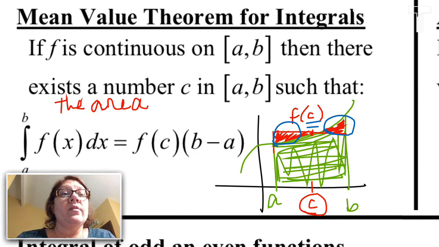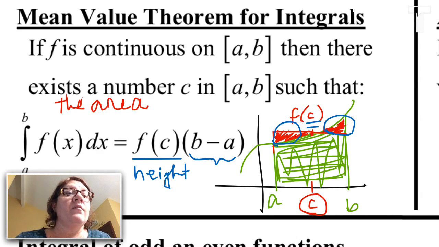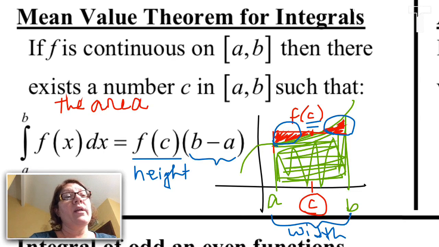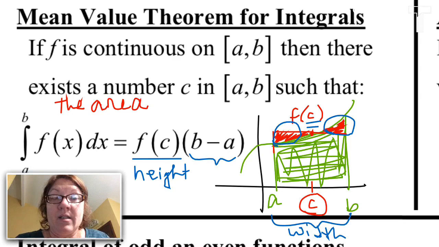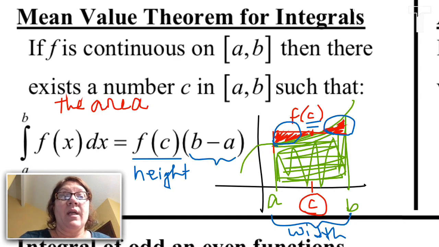And so if you notice, this is nothing more than that y value f of c, and that's the height of the rectangle, and then b minus a, of course, would be my width of the rectangle. So I don't know exactly where that c is. It currently looks like I've drawn it at the midpoint, but it doesn't necessarily have to be the midpoint. It just says that there has to be some number in there that makes it magically work.